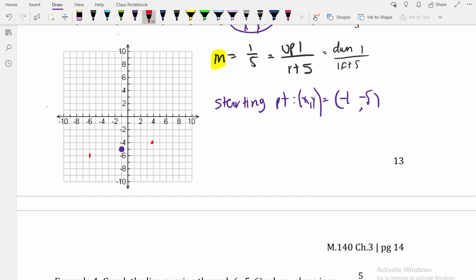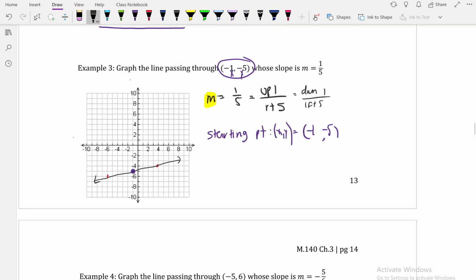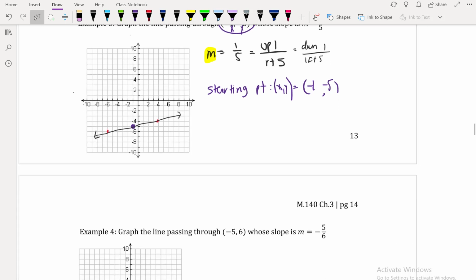Notice how the points still line up in a line. So that would be the line passing through the point whose slope is 1/5. Please remember that there's arrows at the end, right? Which means infinite in each direction.